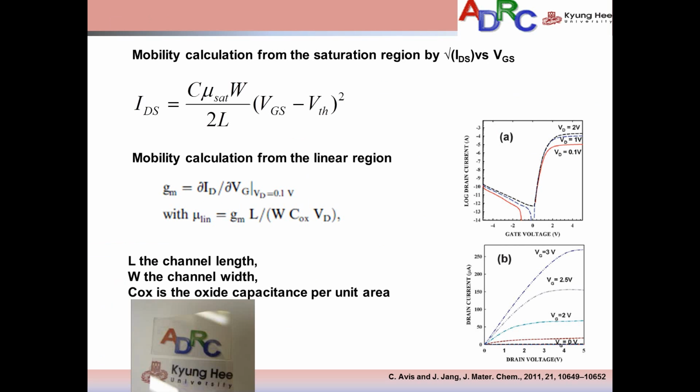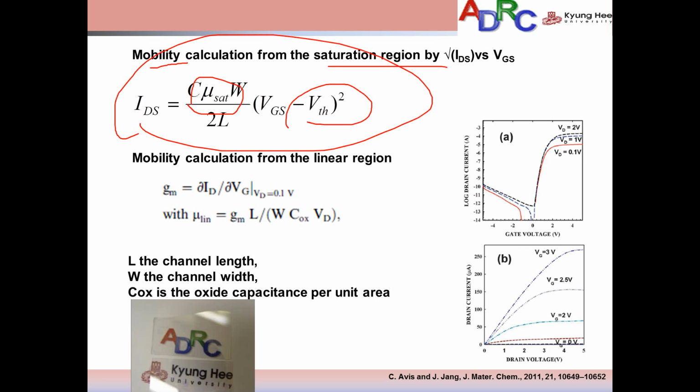And finally, I will introduce, but it has been introduced by others, some characterization techniques. To get the mobility from the saturation region, you need this equation, which is widely known, and the mobility is taken from the square root of ID versus VG, and the VTH is taken from the intercept of the slope of this curve.